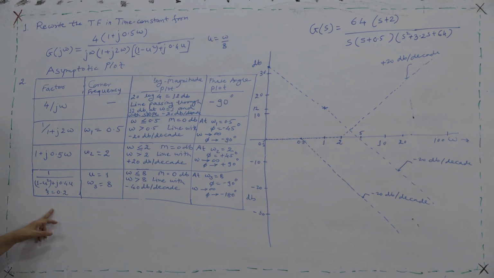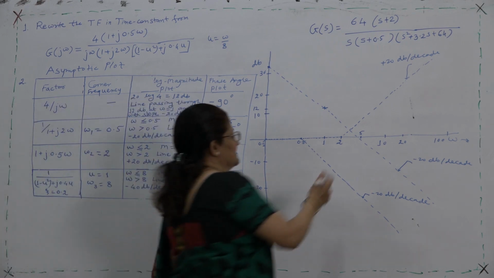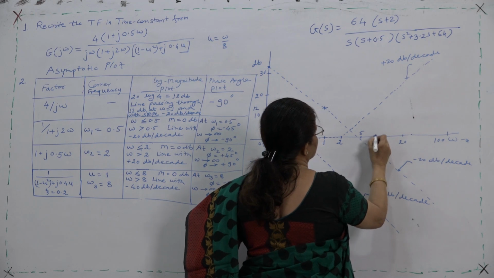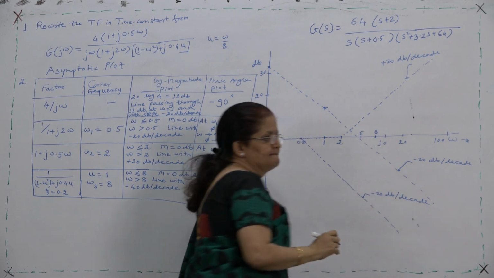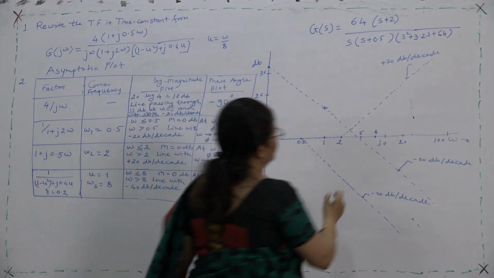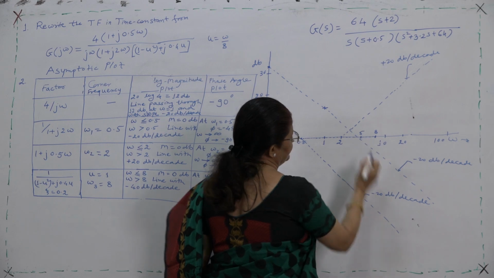Now, for the last factor, at omega 3 is equal to 8, till that you will get 0 dB. So, suppose 8 is here, till that the contribution of this factor is 0 dB.